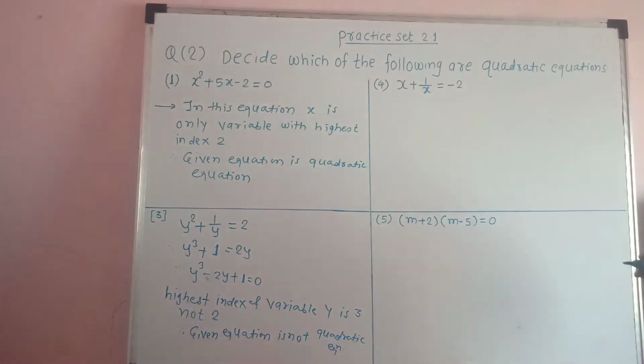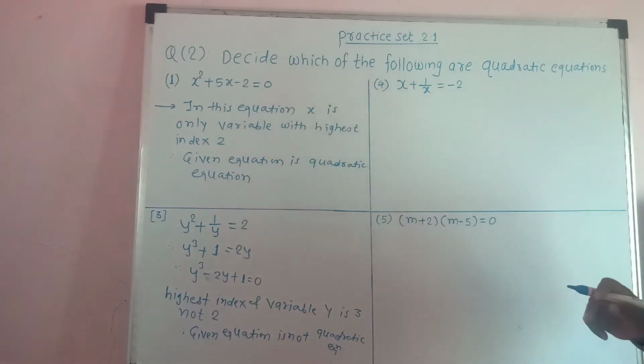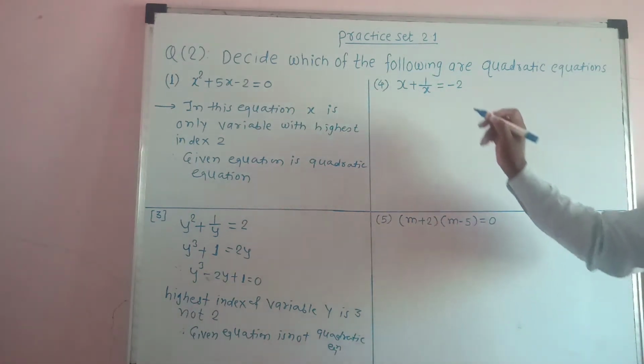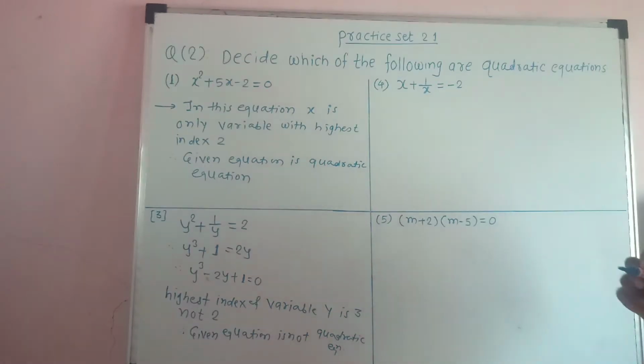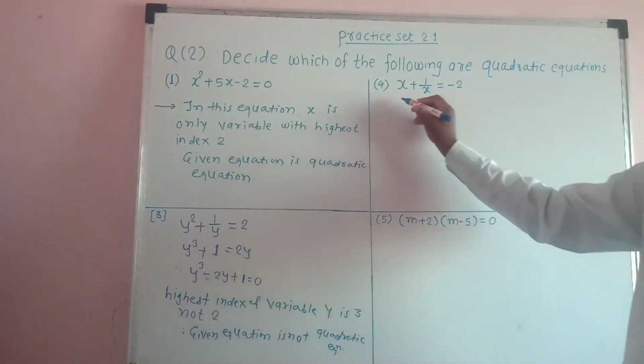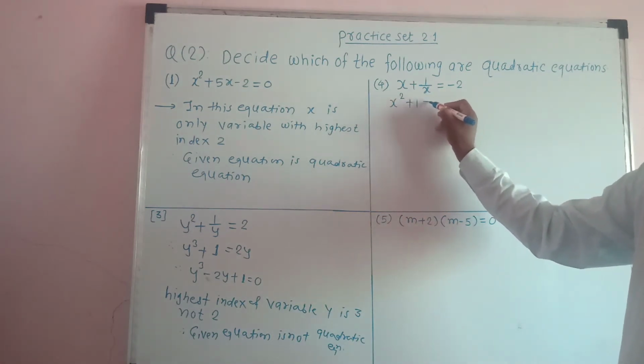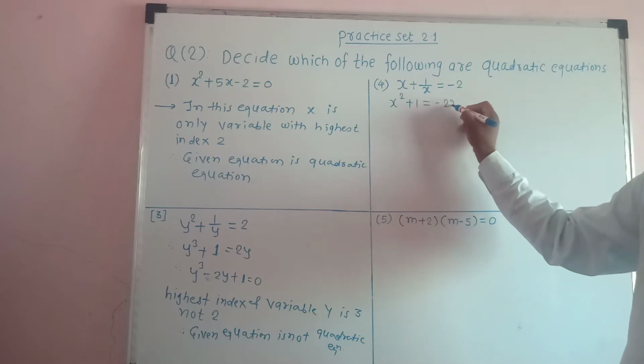Now let us see example number 4. Example number 4 is x plus 1 upon x is equal to minus 2. Multiply both the sides of this equation by x. So we get x square plus 1 is equal to minus 2x.